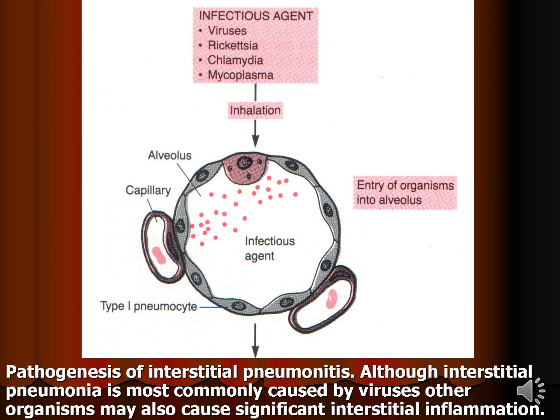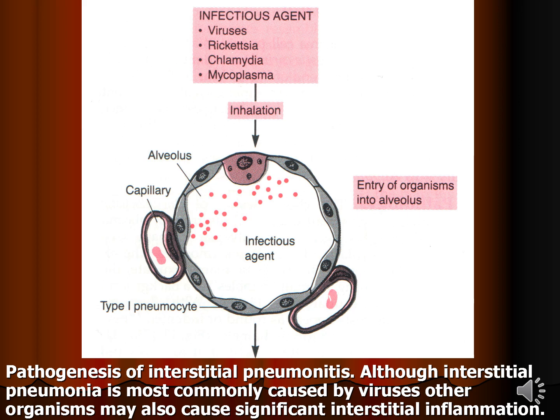In this picture, we see the pathogenesis of interstitial pneumonitis. Although interstitial pneumonia is most commonly caused by viruses, other organisms may also cause significant interstitial inflammation. So you see the list of various infectious agents like viruses, rickettsia, chlamydia, mycoplasma.